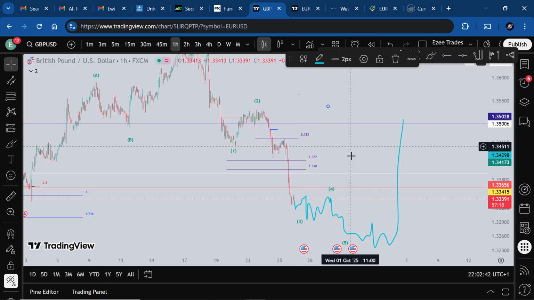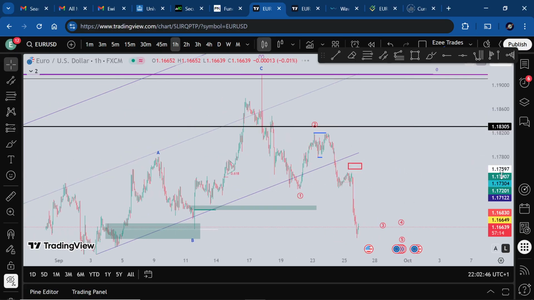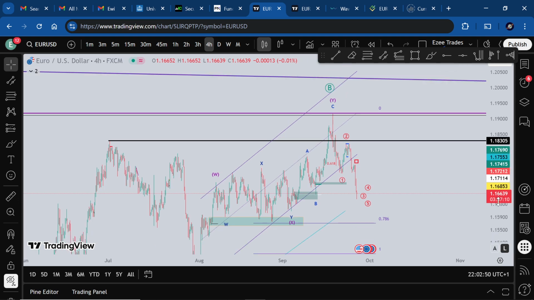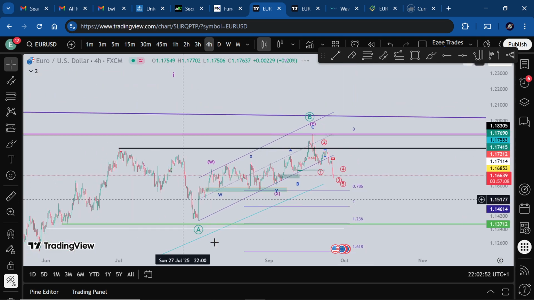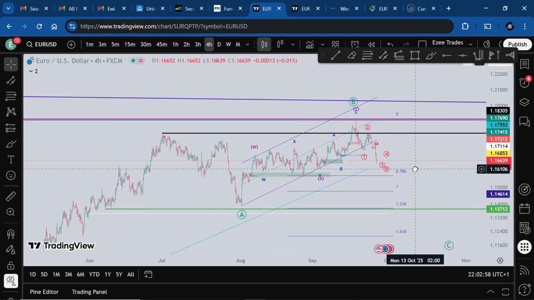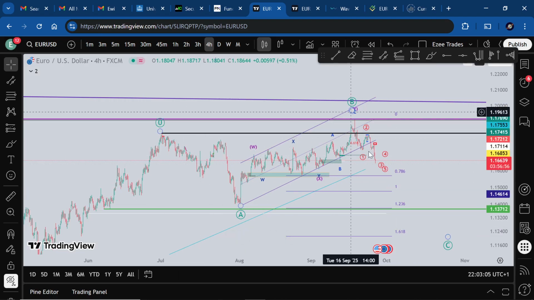Oh, I've got it. Right. Euro USD. Same thing. Okay, we'll go to the 4 hour. Looking at an A, a B now. Obviously, I've looked at NZD USD, I've looked at AUD, I've looked at pound, and now this is euro. If I had euro by itself, I'd be reluctant to go A, B, C here.